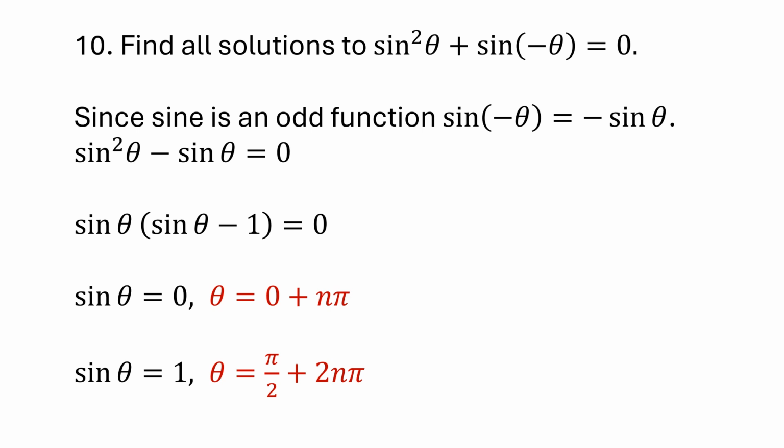So now I have sine squared theta minus sine theta equals 0. Sine theta equals 0, and sine theta minus 1 equals 0. When sine theta is 0, I'm getting solutions at 0 plus n pi. And when sine theta equals 1, I get solutions at pi over 2 plus 2n pi.